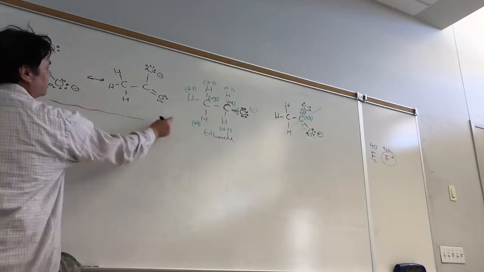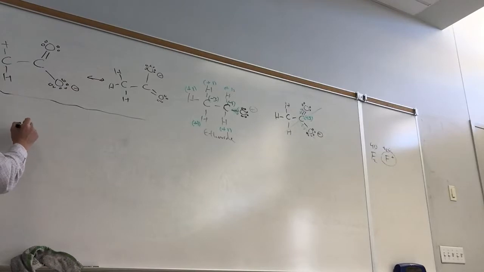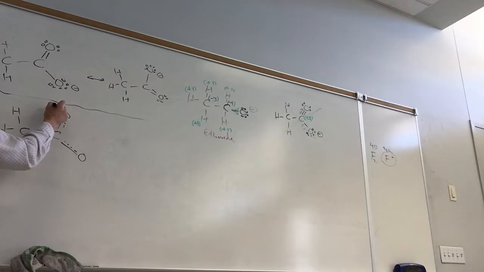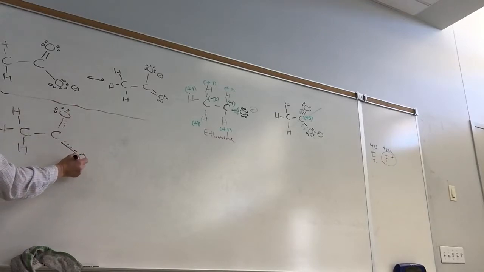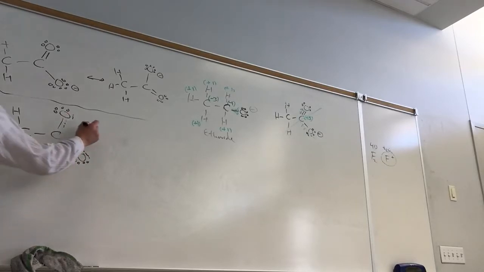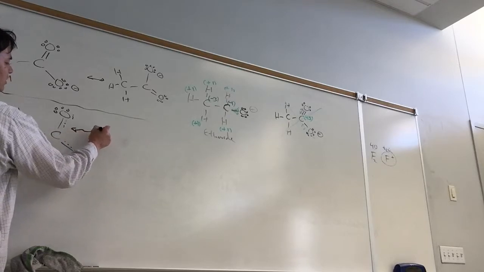What's more accurate is not either of these. What's more accurate is the resonance hybrid. The resonance hybrid is going to look like this, where both bonds are equivalent. There are two lone pairs fixed on each, and then one lone pair that's delocalized or floating between the two. Here the bond order is 1.5.